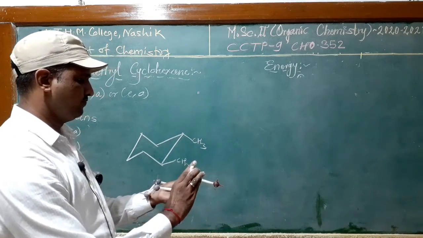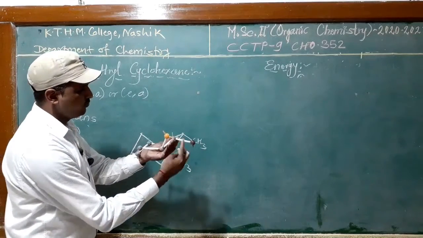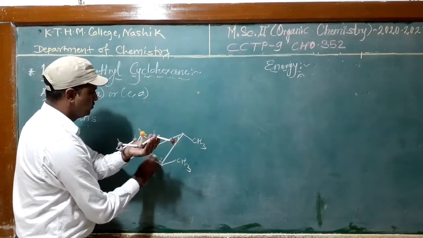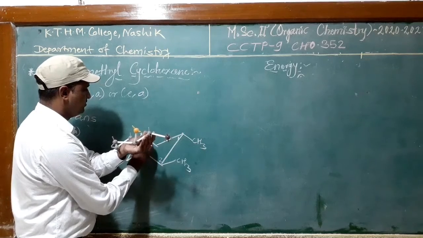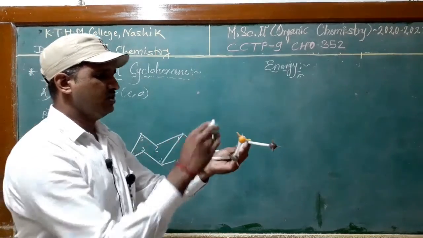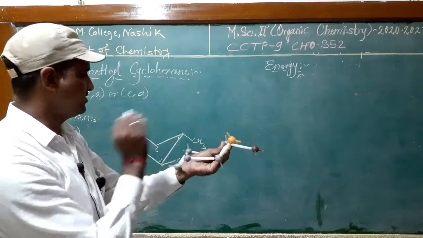In this way. So this is carbon number 1, 1, 2, 3, 4, 5 and 6.